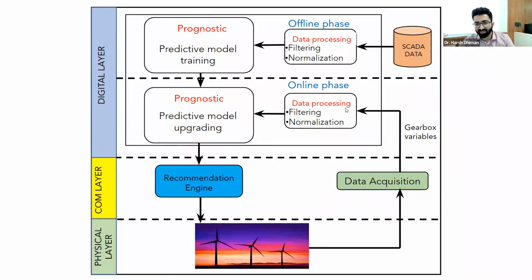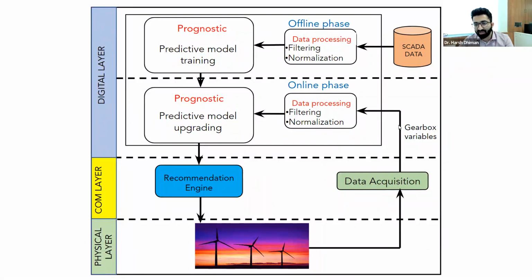You do some data processing, maybe you filter some data, you do normalization. Filtering is done to get rid of unwanted noise present in your data, right? Because your model is expecting filtered data, since we did the same filtering in our offline phase.